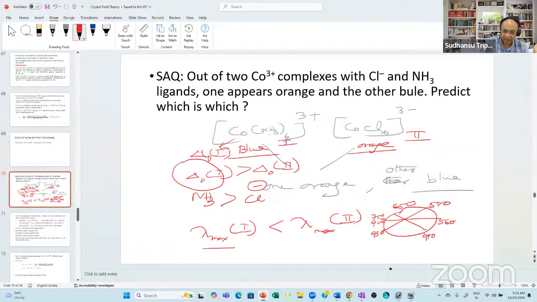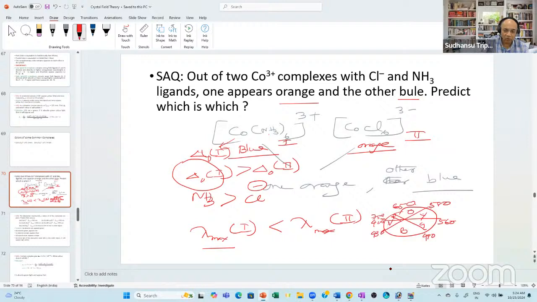Since amine is a relatively stronger ligand, this is V, B, G. These are the stronger field ligands. They absorb and they emit the complementary color: B, Y, O, R, the indigo is deleted. Of the two colors, one is blue, the other one is orange. Definitely this amine complex will be absorbing from these three: violet, blue, green region.